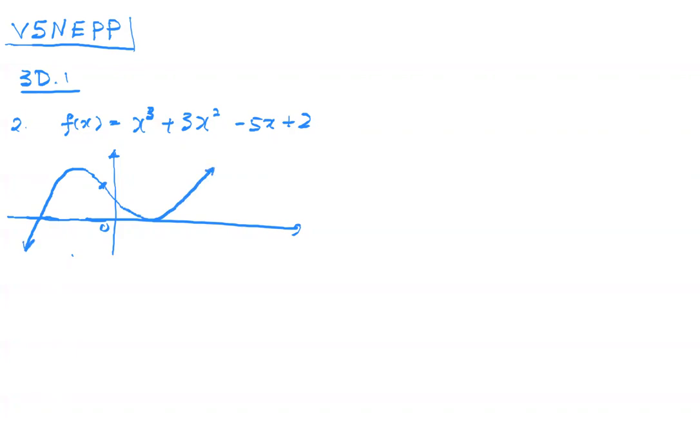Okay, if you see a turning point, this is a point, I name it point B, okay? This is point A. If you see a turning point that touches the x-axis, okay, B is the turning point.